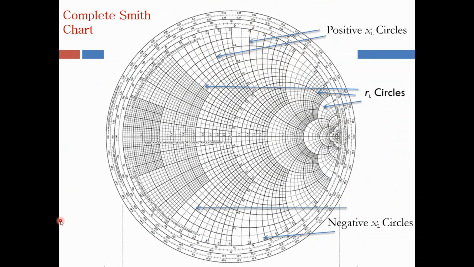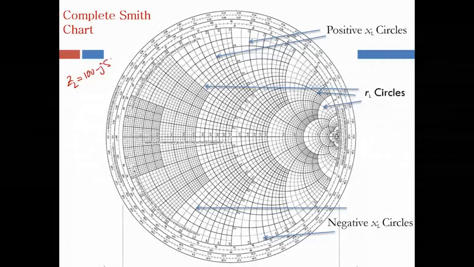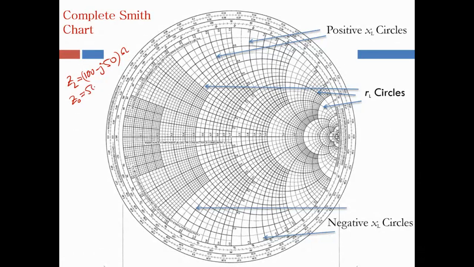So again, let's do another one, Z sub L. We have a Z sub L that is equal to 100 minus j50 ohms, and the transmission line characteristic impedance is equal to 50 ohms.